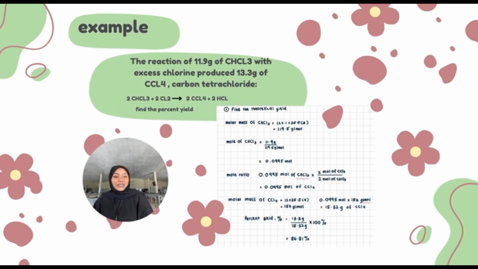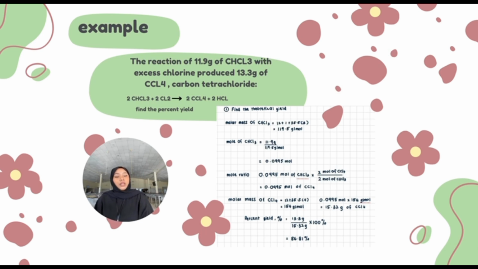Alright, so first, we need to find the theoretical yield. We need to find the molar mass of CHCl3, which is 119.5 gram per mole. After that, we need to find the mole of CHCl3, which is the mass divided by the molar mass. After that, the mole of CHCl3 times 2 over 2 to find the mole of CCl4, carbon tetrachloride.